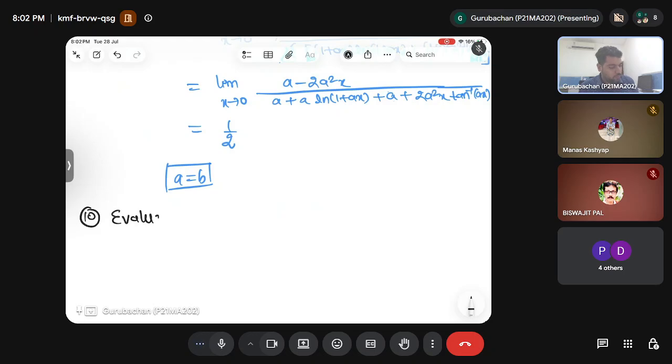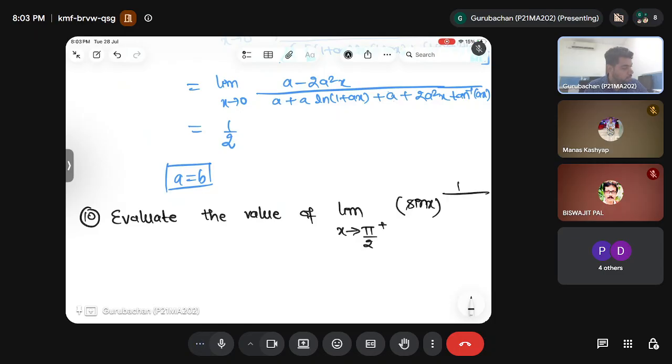Evaluate the value of the limit x tending to pi by 2 plus of the function sin x to the power x minus pi by 2, and just for ease, I am telling you its answer is 1.